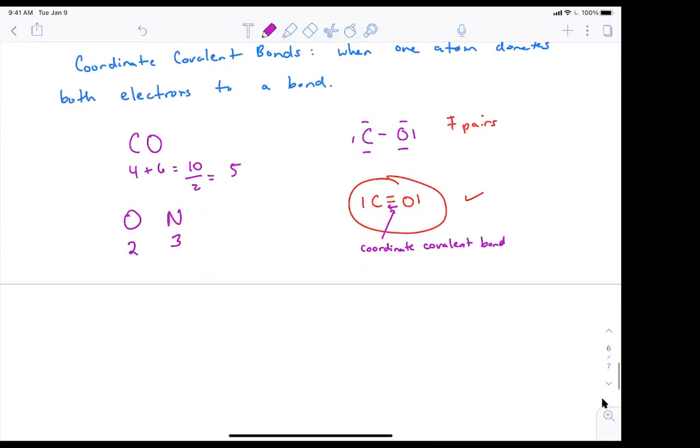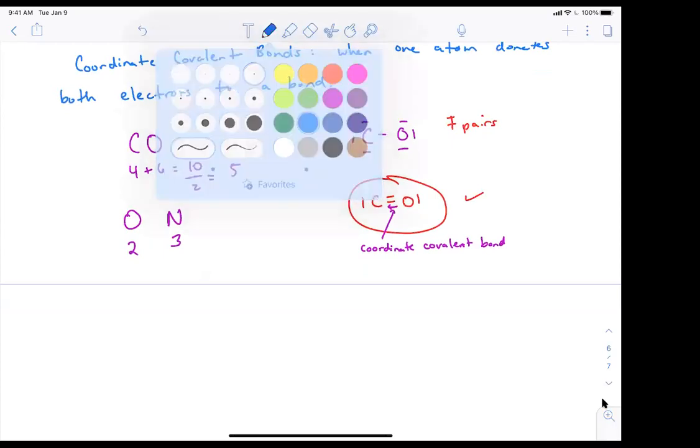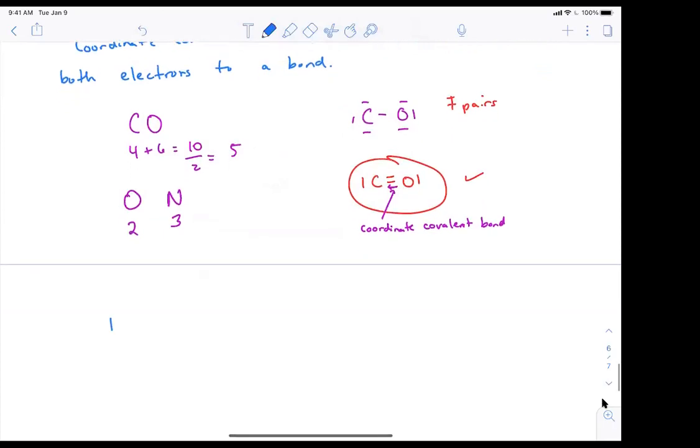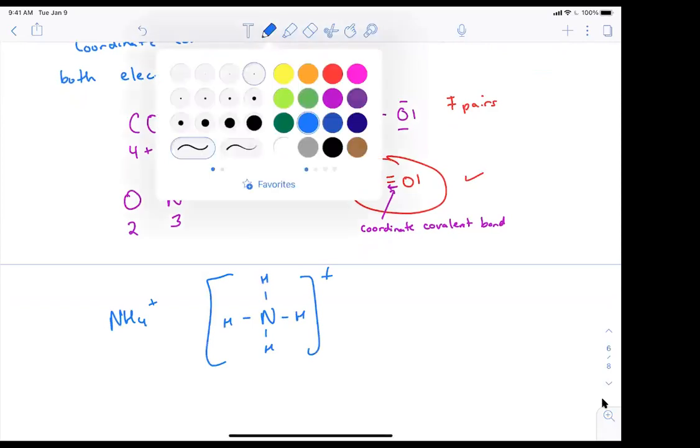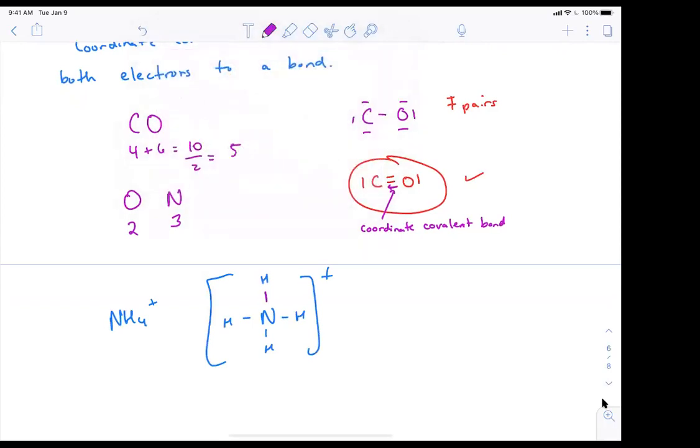So anytime the number doesn't match 2 or 3, you're going to have a coordinate covalent bond. For example, NH4 plus looks like this. And it turns out that nitrogen actually has to donate its pair of electrons to one of the hydrogens to form the structure. And so that's a coordinate covalent bond.